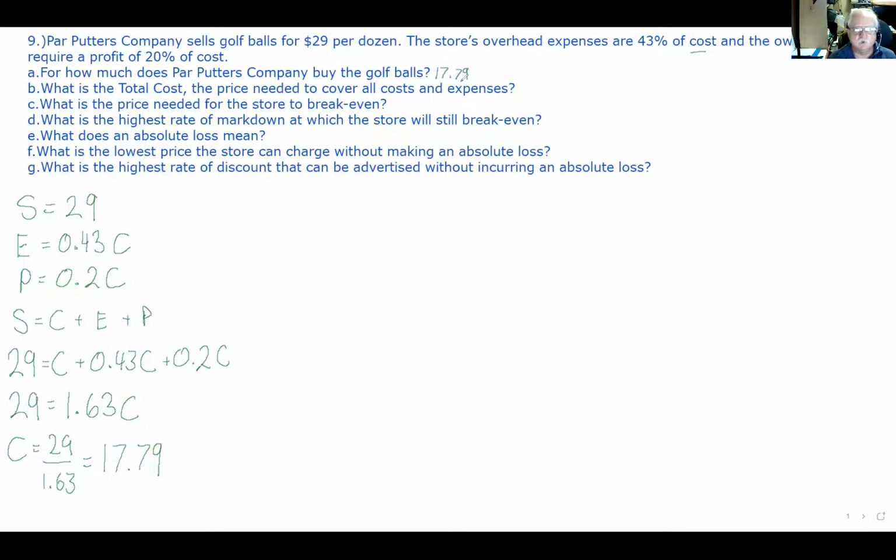What is the total cost? The price needed to cover all expenses. So total cost equals, oh no, back up a bit.